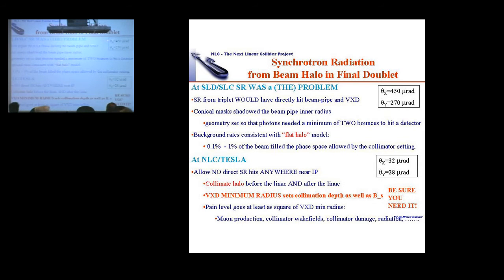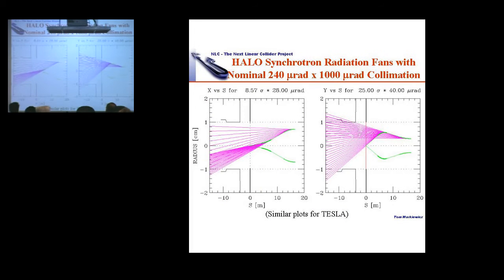The reason why that's no longer a problem is that the divergence angles of the beam as it enters the IP are now about a factor of 10 or more less than they were before, and the physical aperture sizes and spacings are about the same. So we develop a collimation scheme such that all the synchrotron radiation produced goes straight out without hitting the vertex detector, without hitting anything back here.